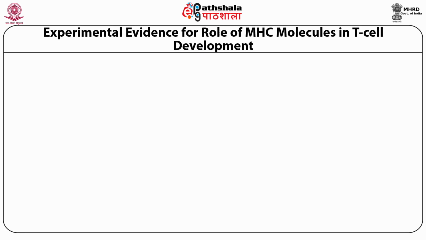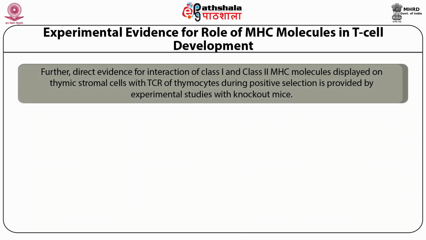Further experiment evidence for the role of MHC molecules in T cell development was shown. Direct evidence for interaction of class 1 and class 2 MHC molecule displayed on thymic stromal cells with TCR of thymocytes during positive selection is provided by experimental studies with knockout mice.